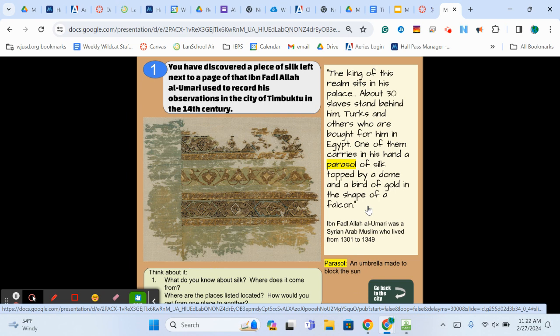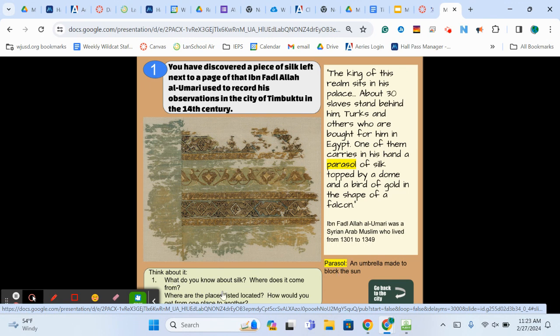The journal says, the king of this realm sits in his palace. About 30 slaves stand behind him, Turks and others who are brought for him in Egypt. One of them carries in his hand a parasol of silk, topped by a dome and a bird of gold in the shape of a falcon. And we can see right here that a parasol is a little umbrella that's made to block the sun.